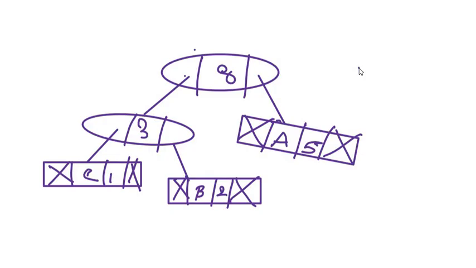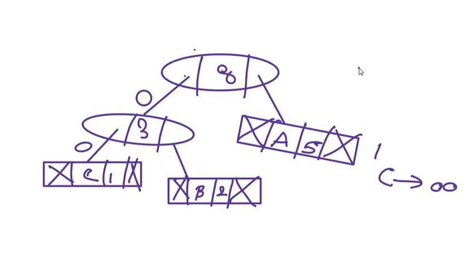Left side we are traversing, so it should be marked as 0, and here left side again, so it will be 0. So the value of C from root node to leaf node is 0, 0. This is the binary value for C.